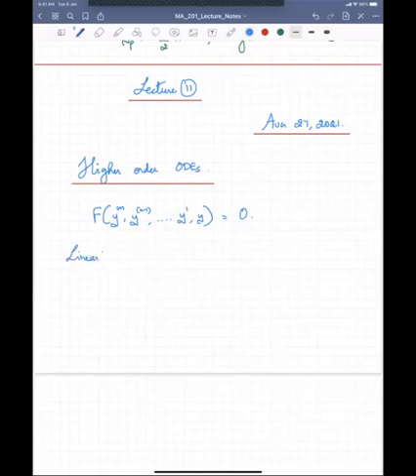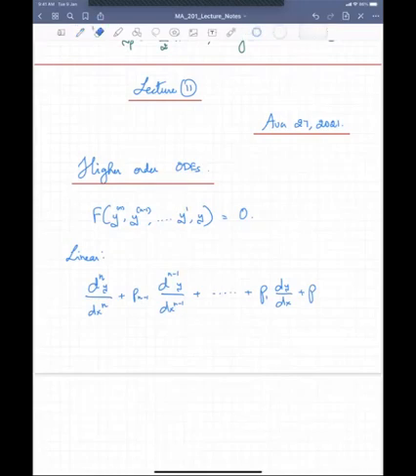I claim that such an equation is linear if I can write it in the form d^n y/dx^n plus some p_(n-1) d^(n-1)y/dx^(n-1) plus all the way till p1 dy/dx plus, maybe I should call this pn, doesn't matter what I call this, equals 0.